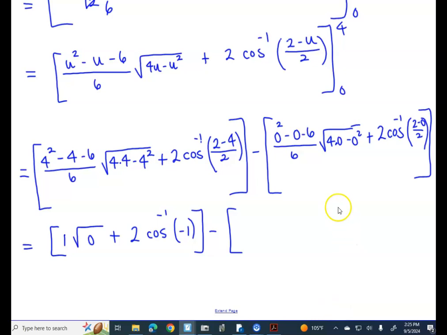Minus, we have 0 minus 0, negative 6 divided by 6 is going to give us negative 1, times the square root of 0, plus 2 times the cosine inverse of 2 minus 0 over 2, which is 1.